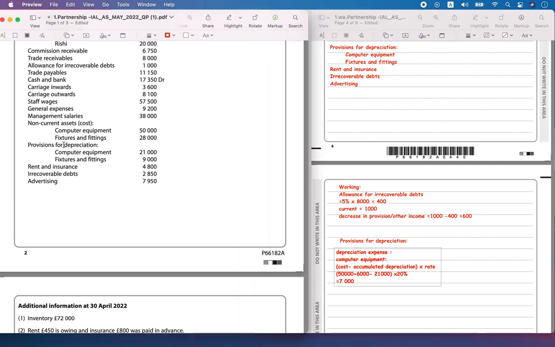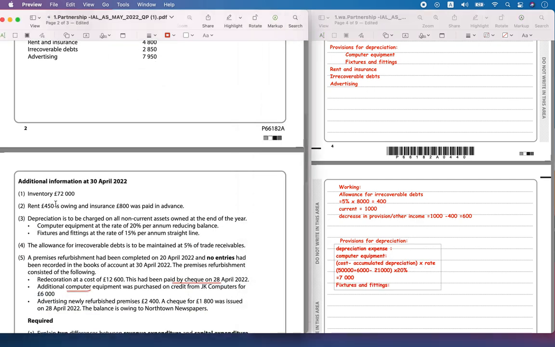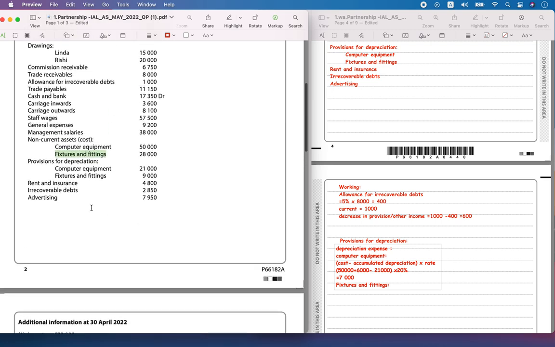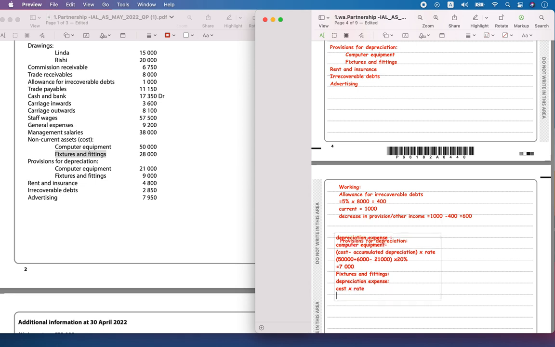Now you have to calculate for the fixtures and fittings. How will you calculate the depreciation cost for fixtures and fittings? They are on the straight line method, so even if you buy, it will not be affected. It is just going to be affected by the cost present. Fixtures and fittings at 15%, with a cost of 28,000. The depreciation expense for fixtures and fittings will be cost times the rate.